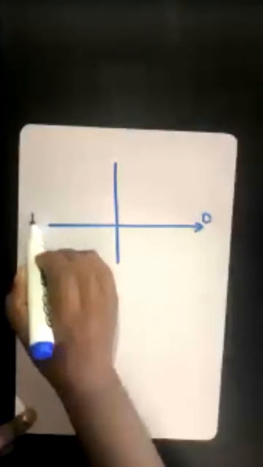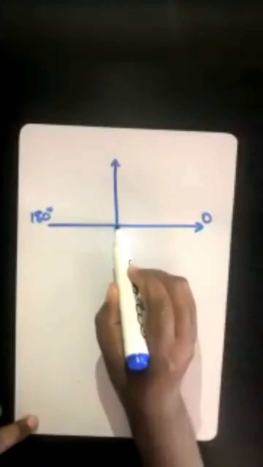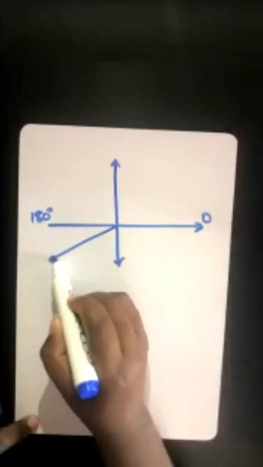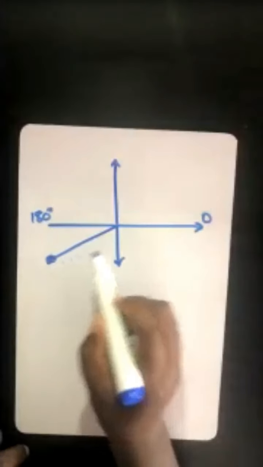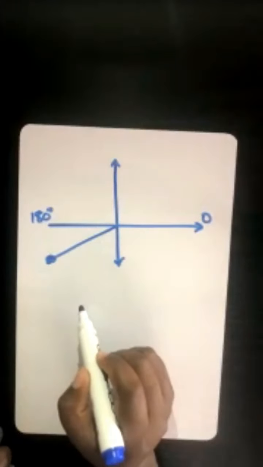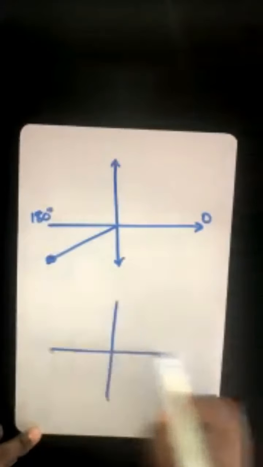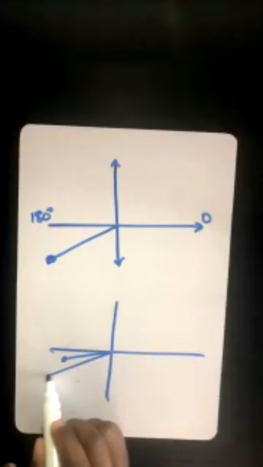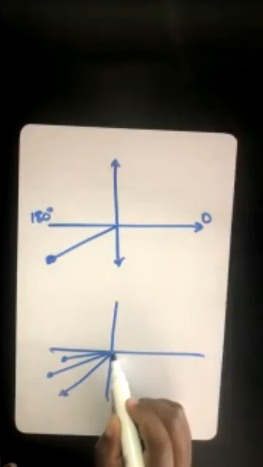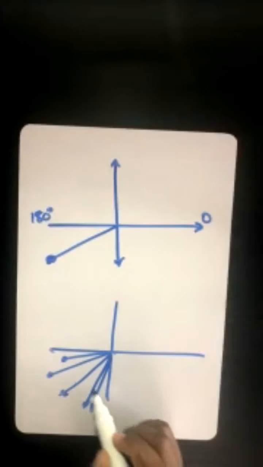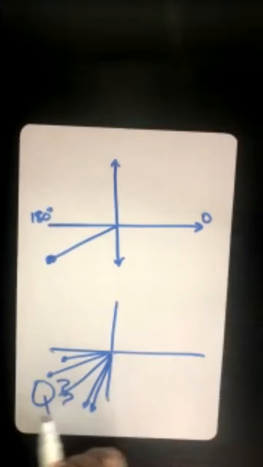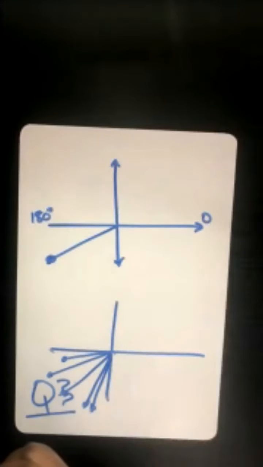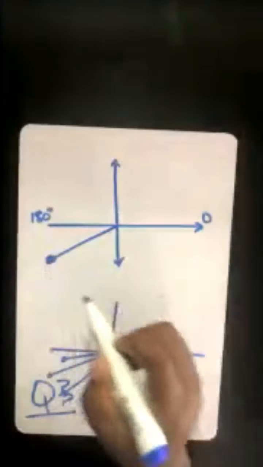Okay, so you have the 0 line and there it's 180 degrees. Any angle that falls there is going to be in quadrant number 3. It doesn't matter whether it's somewhere there, or somewhere there, for as long as it falls in quadrant number 3. So for the sake of explaining it easily, we just do it that way.